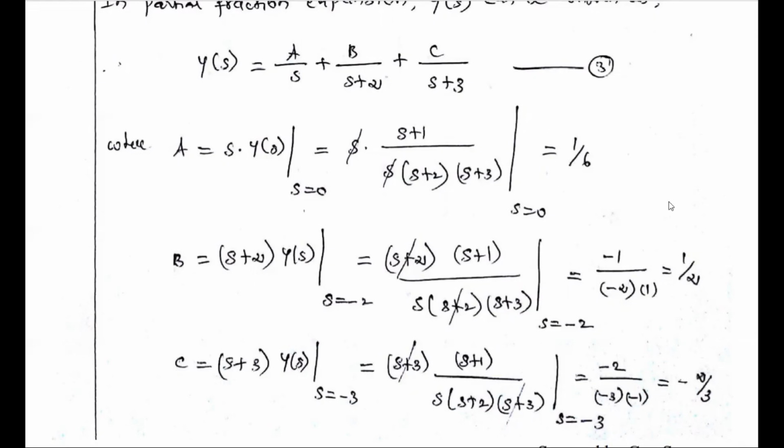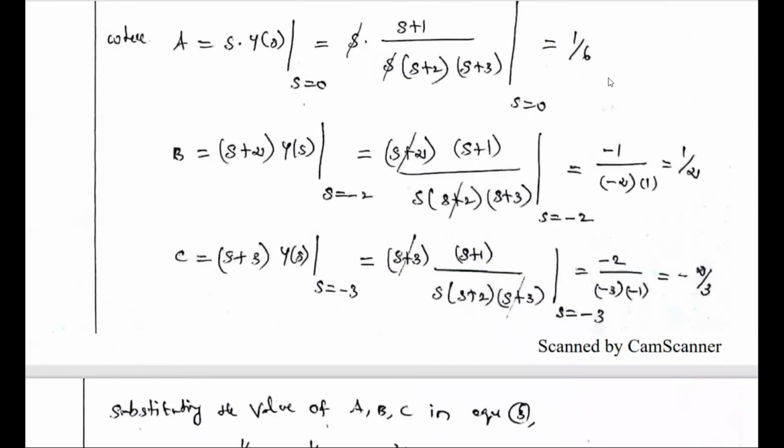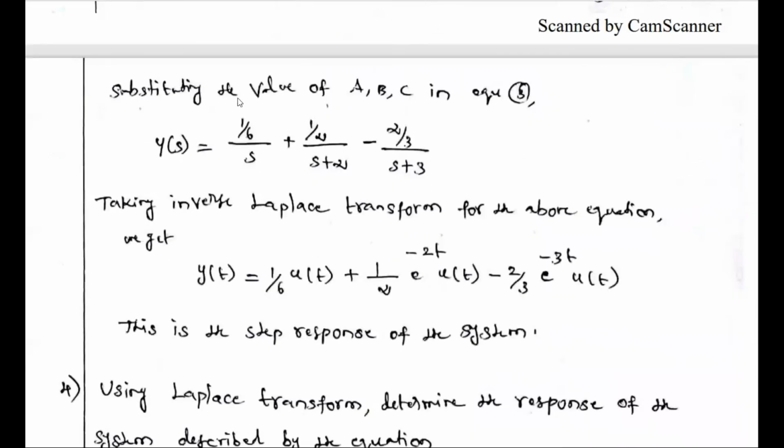After calculating A, B, C, we have to substitute them in the Y of s equation, that is equation number 3. So substituting the values of A, B, C in equation number 3, we got Y of s equal to (1 by 6) by s plus (1 by 2) by (s plus 2) minus (2 by 3) by (s plus 3).